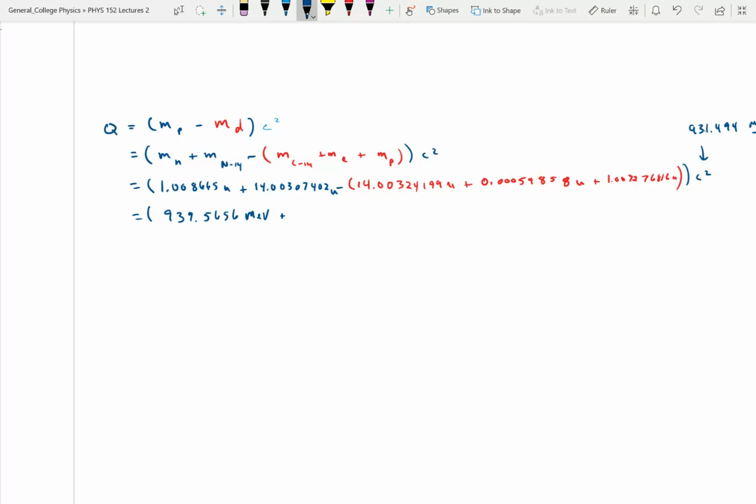And then the mass of the nitrogen-14 is 13,043.78. And then the mass of the carbon-14 is 13,043.94. Mass of the electron is 0.510999.